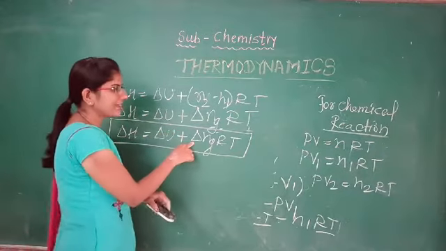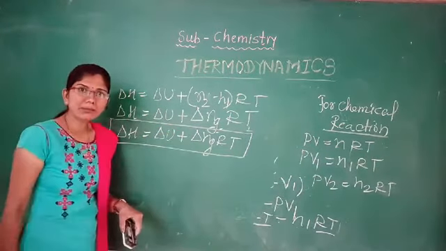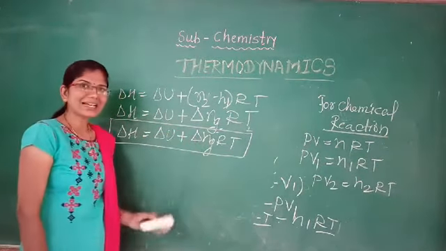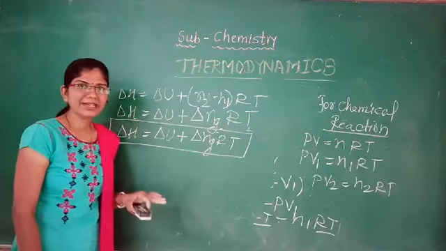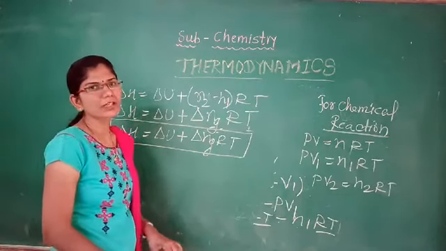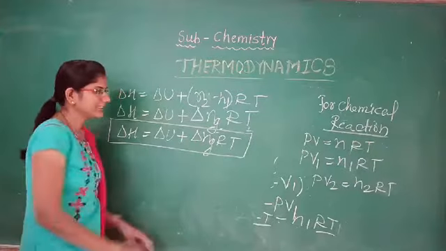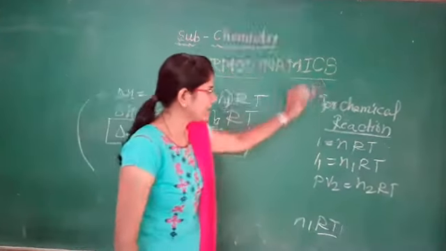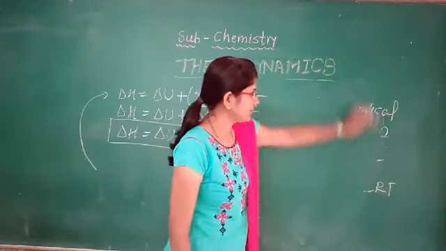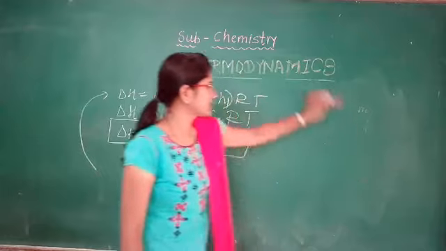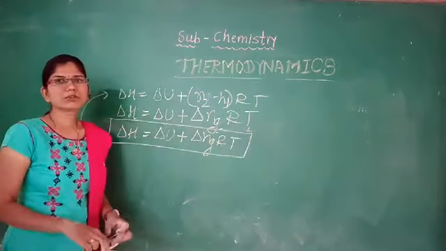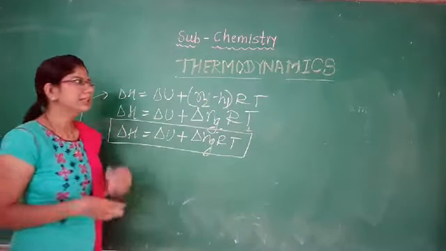Here the delta N is the number of moles of gaseous products minus number of moles of gaseous reactants only. Again remember, what is the delta N? The delta N is the number of moles of gaseous product minus number of moles of gaseous reactant.